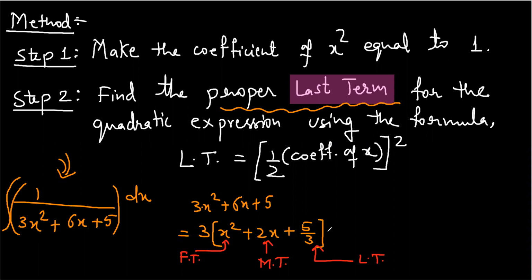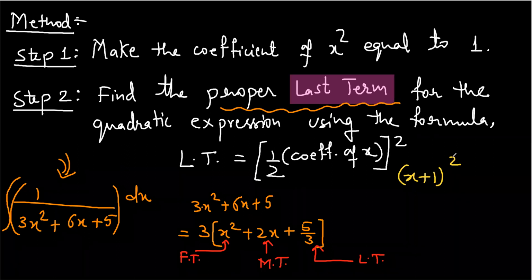What is the meaning of a proper last term? A proper last term is the one because of which the 3 terms will get you a perfect square. What I mean is this. Suppose, for the time being, you forget this and focus on this. Suppose I have x plus 1 the whole square.